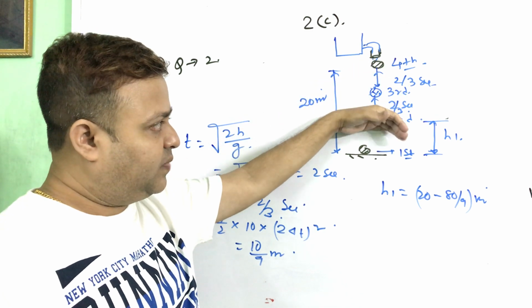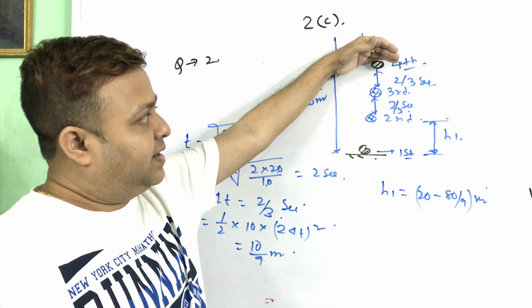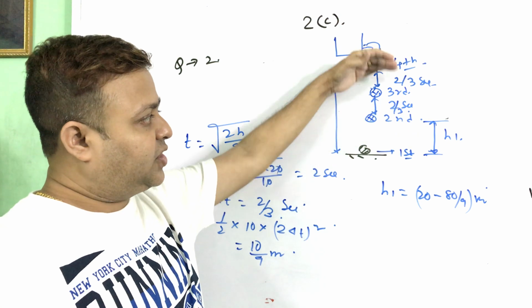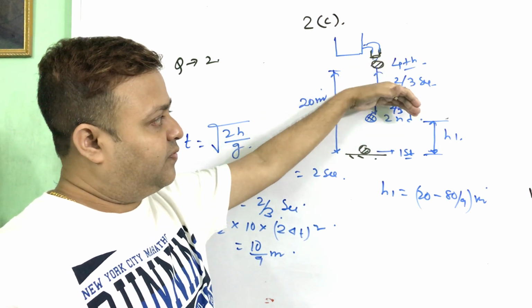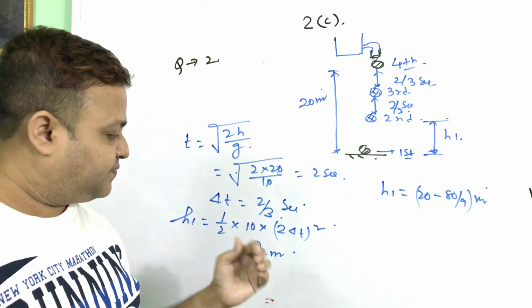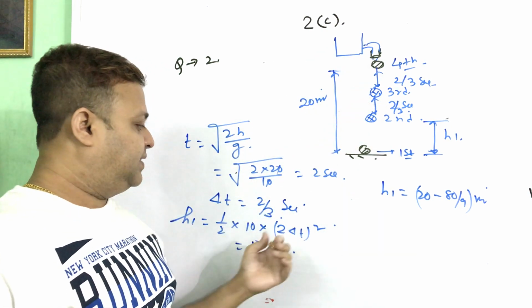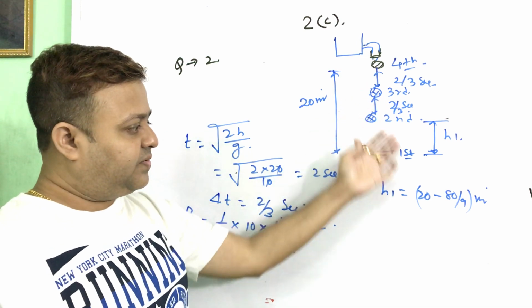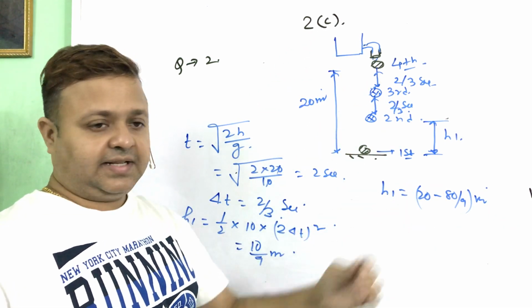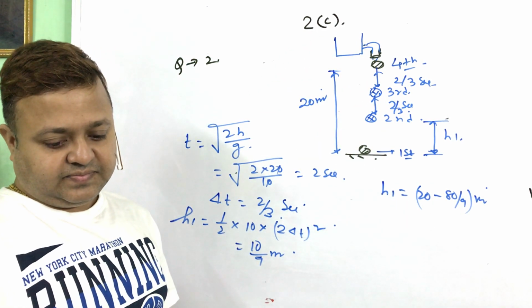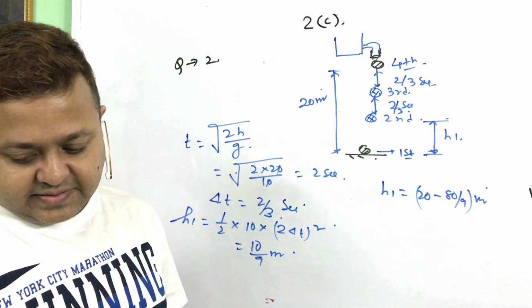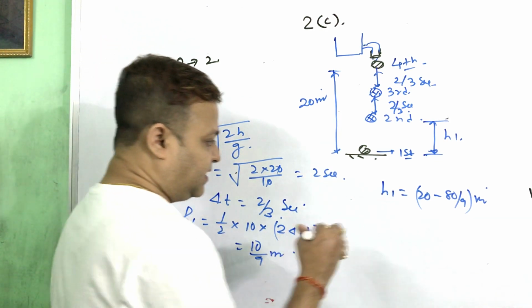So from the leakage portion, the position of the second drop is total 4 by 3 second, that is 2 into 2 by 3 del t. So the height from above is half gt square. So the height from the ground, total height is 20 meter minus 80 by 9, that is 100 by 9. Answer is 100 by 9.